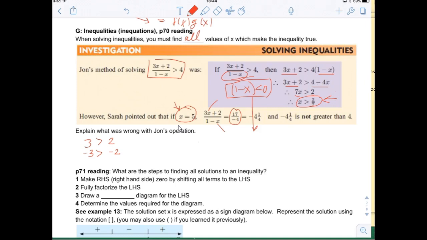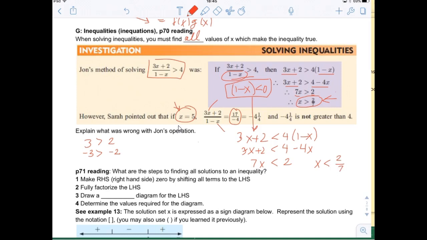Just to show you real quick what it looks like, in this case I would have 3x plus 2 is less than 4 over 1 minus x because I've reversed the inequality. Then I complete the rest of the calculation, and I end up with x is less than 2/7.